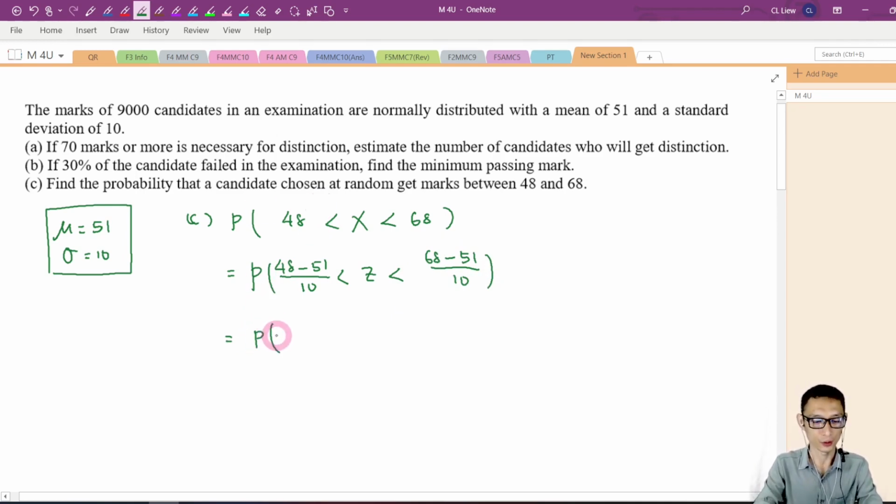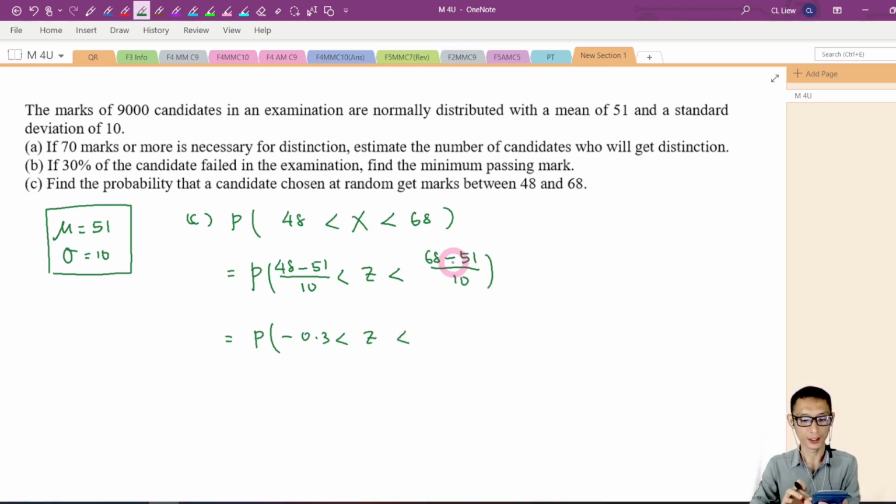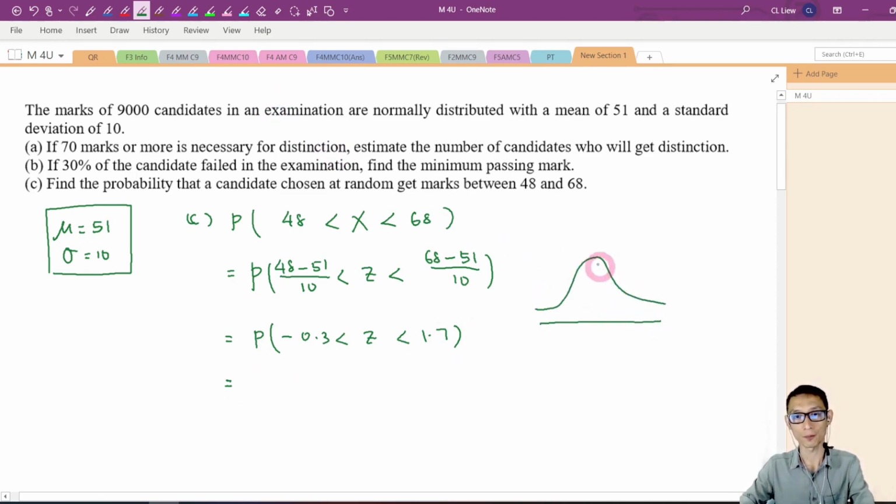Okay, so this is 48 minus 51 divided by 10. You will get negative 0.3. How about this one? 68 minus 51 and then divided by 10, you will get 1.7. Now, as usual, sketch a diagram to help you visualize the situation well.